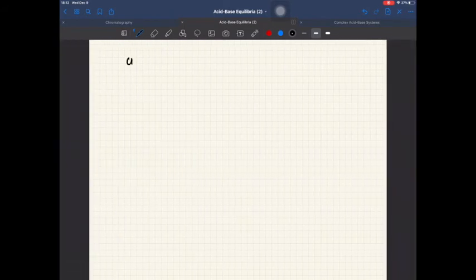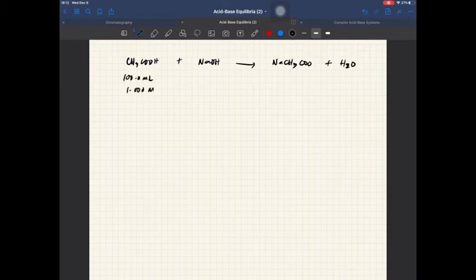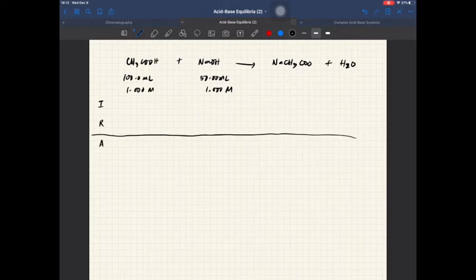So suppose we have acetic acid reacted with sodium hydroxide to produce sodium acetate and water. Suppose we have 100 ml and 1 molar. This one is 50 ml and 1 molar. Before the reaction, during the reaction, and after the reaction, we have 0.1 mole here, and we have 0.05 mole here. So sodium hydroxide is the limiting reagent.